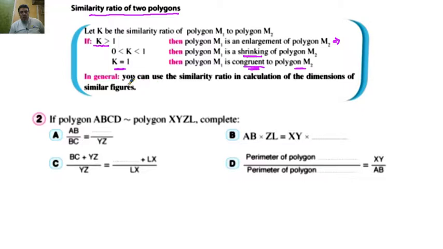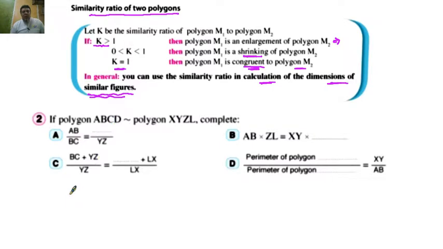In general, you can use the similarity ratio in calculating the dimensions of similar figures. Number 2, for example, if polygon ABCD is similar to polygon XYZL, we can use the relation to prove or answer these questions.